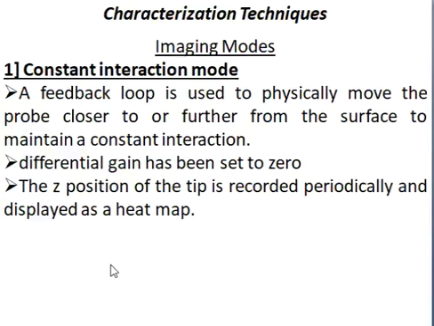The Z position of the tip is recorded periodically and displayed as a heat map. A heat map is nothing but the topographical image of the component in the form of different colors. That is, red represents a higher level, and blue represents a lower level. Between that, the color variation will be there.